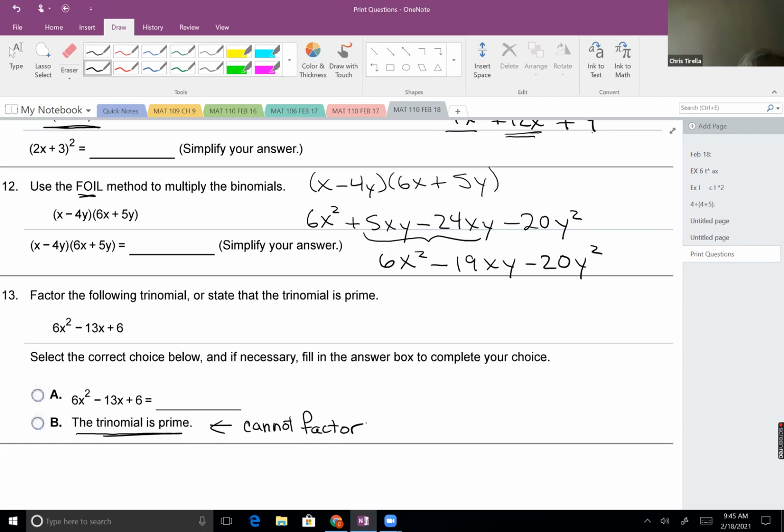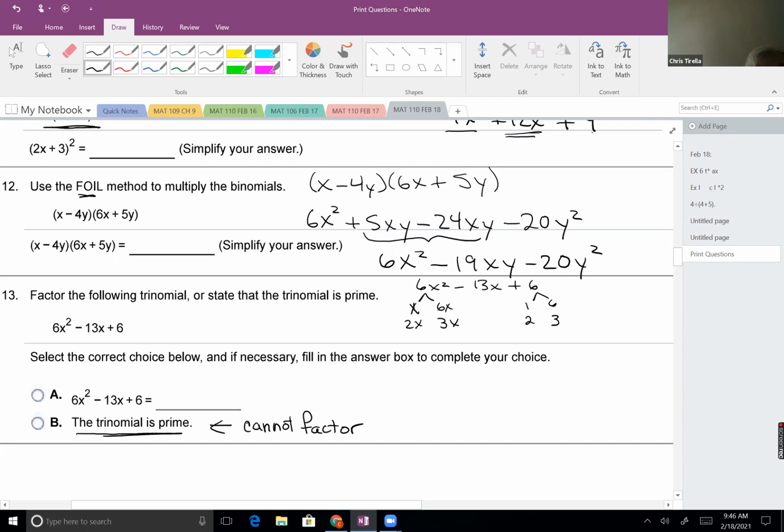Trial and error, where I have that 6x squared minus 13x plus 6. 6 can be 1x times 6x, or 2x times 3x. 6 can be 1 times 6, or 2 times 3.